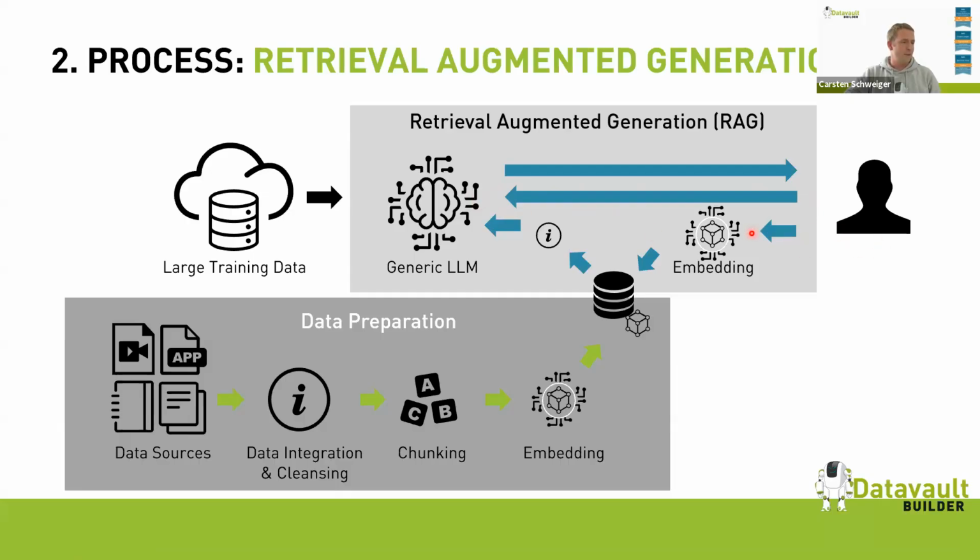At the same time, the question gets embedded to search in your vector database for the same embeddings, with the same meaning, not for the same text, but for the same meaning.